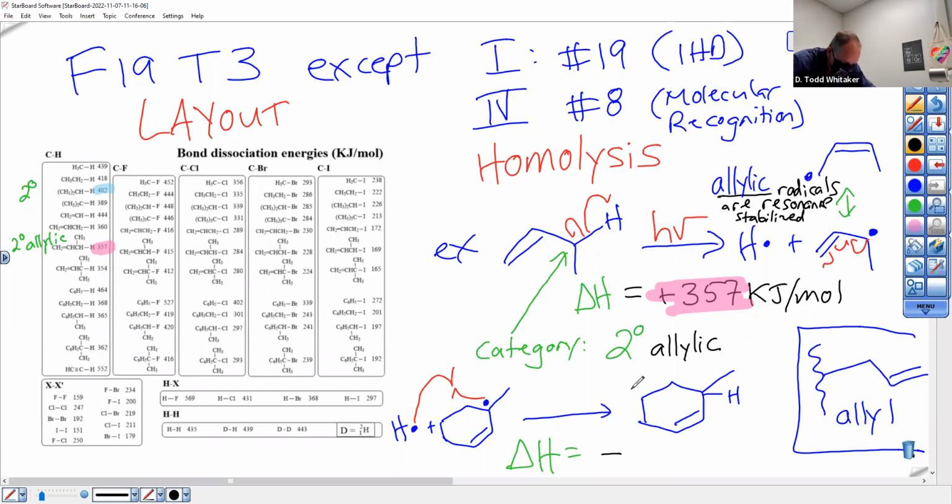Give me a category for this CH bond. Don't tell me it's secondary at all. Tertiary. What do you call it when it's on a carbon adjacent to an alkene? Allylic. And I want to go with negative 354. Don't you? Why? 54.